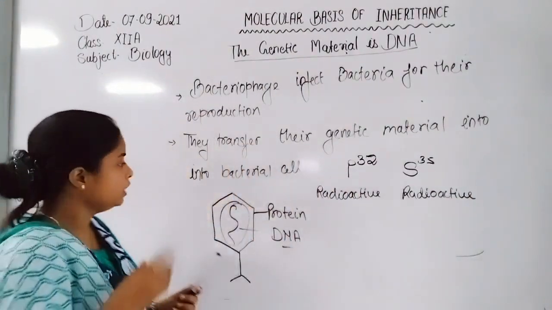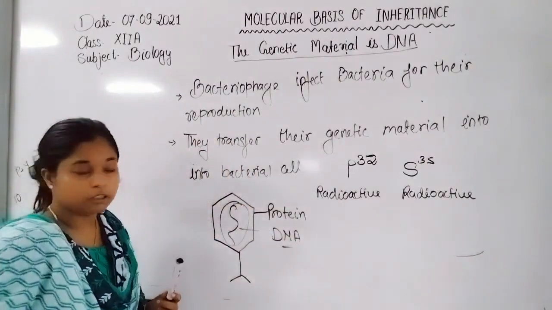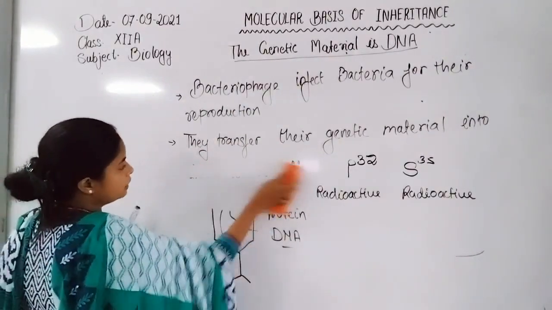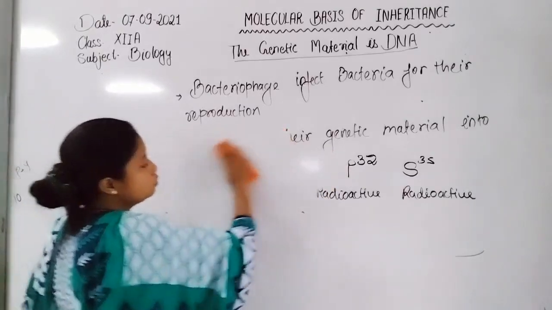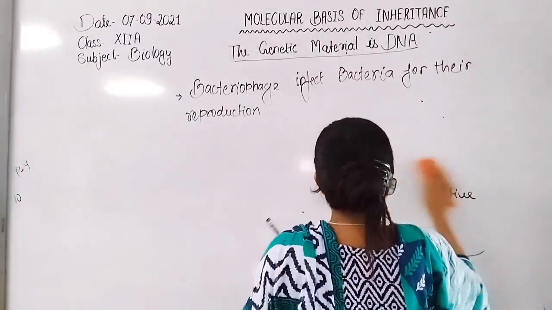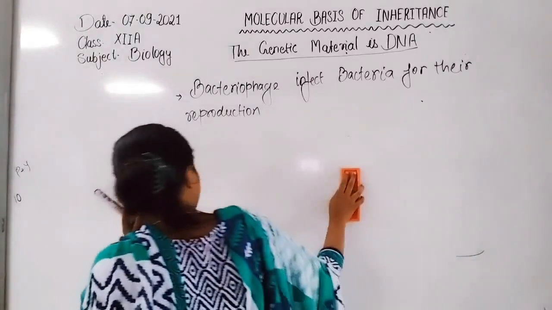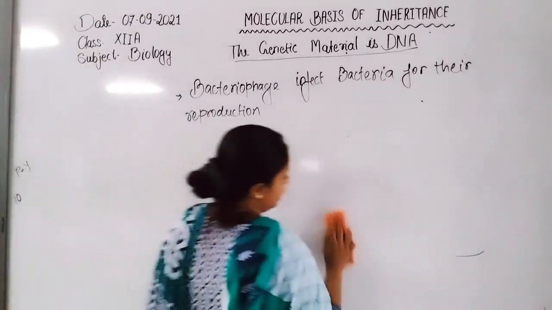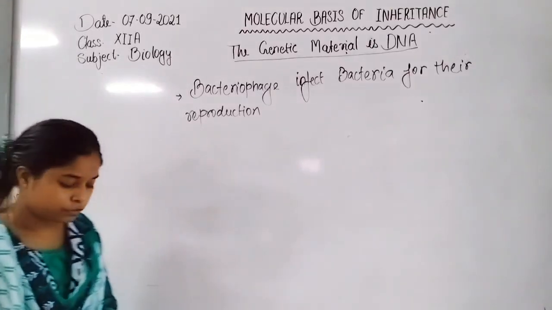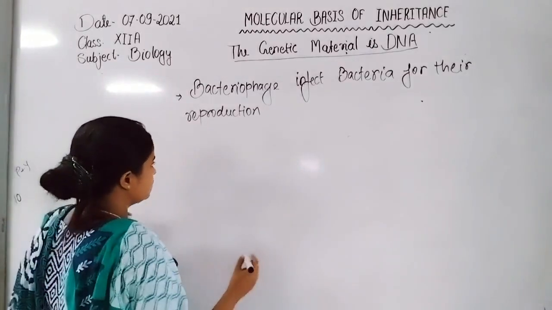So how did they use this mechanism for the identification of the genetic material, that the genetic material is DNA? They used two culturing media for the growth of bacteriophage. One culturing medium has radioactive phosphorus and the second one contains radioactive sulfur.